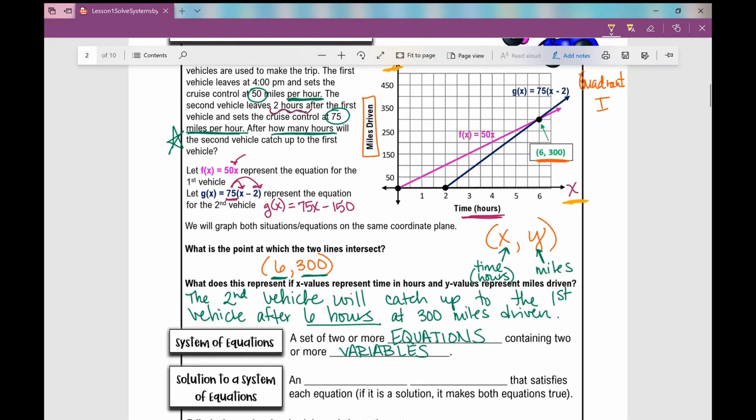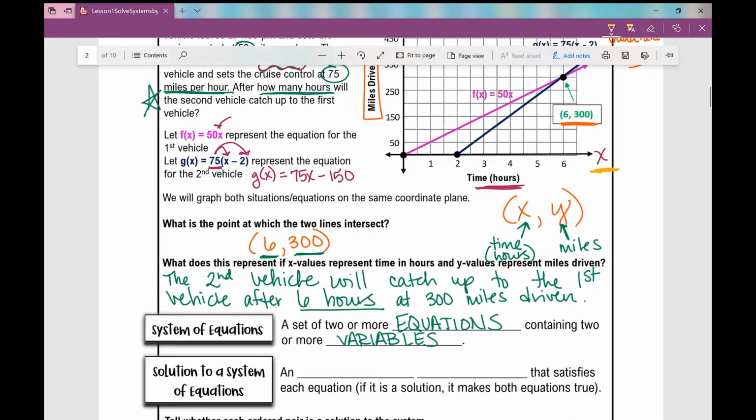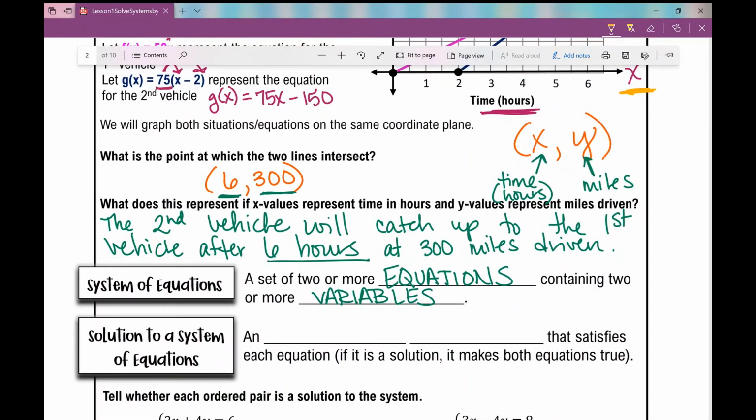And we have two equations. We had f of x and g of x. That's a system of equations. It's just multiple equations. The solution to a system is an ordered pair that satisfies each equation. If it's a solution, it makes both equations true.